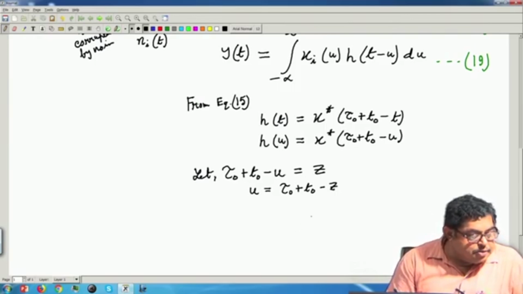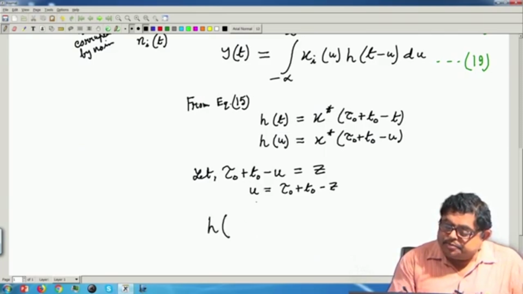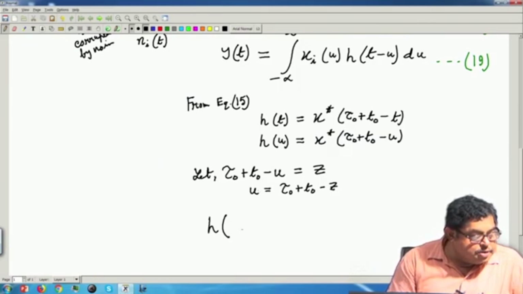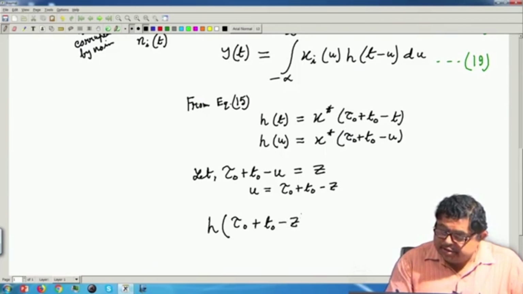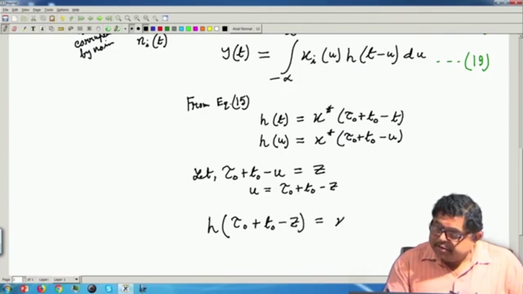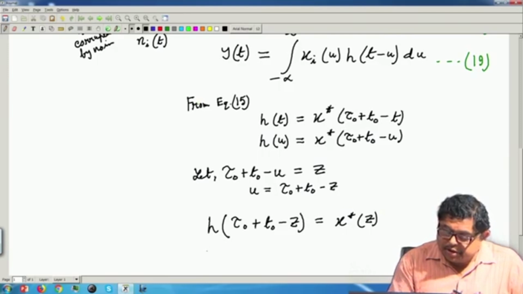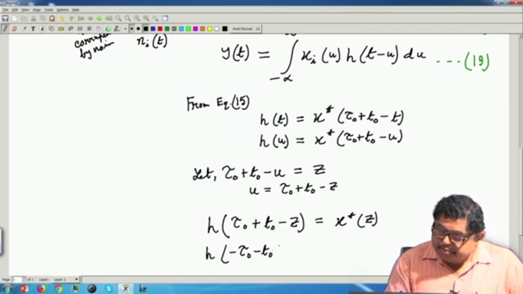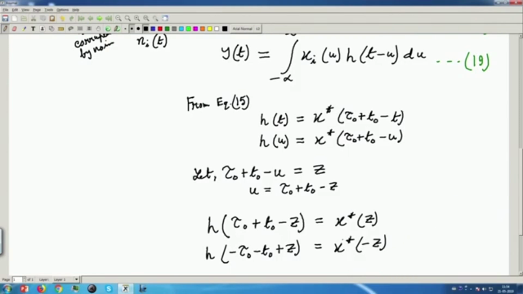So, what we can write is that h of (tau naught plus T naught minus z) will be x star of z, and so h of (minus tau naught minus T naught plus z) will be x star of minus z.